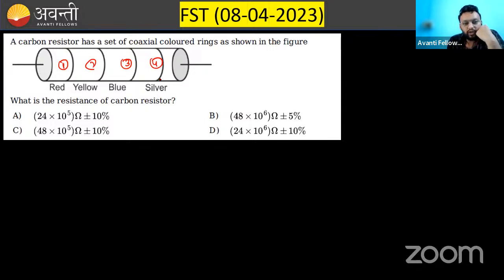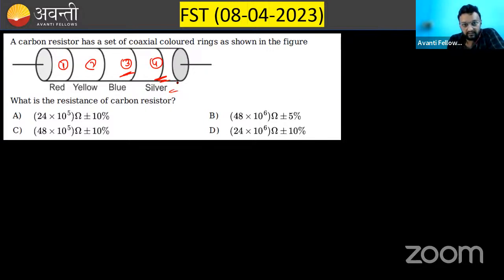When we talk about color coding of carbon resistors, the first two strips give the digits of the magnitude of the resistance. The third strip gives the power, 10 raised to the power. And the final strip gives the tolerance.